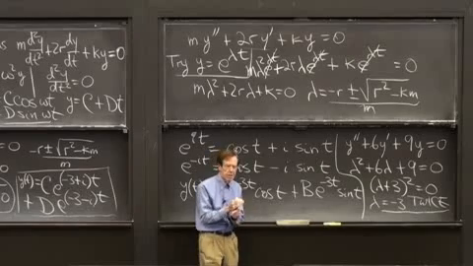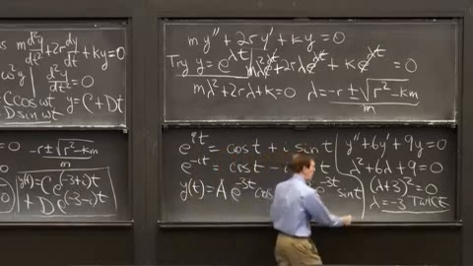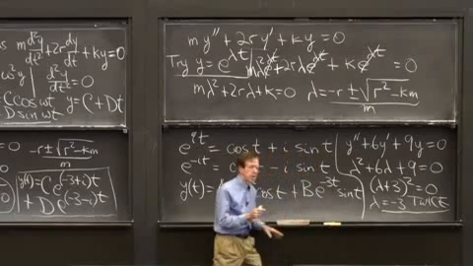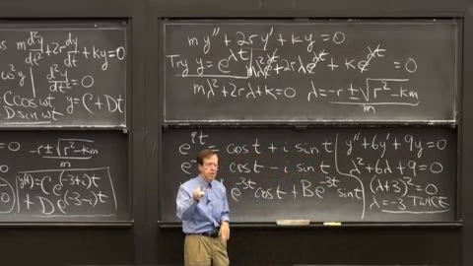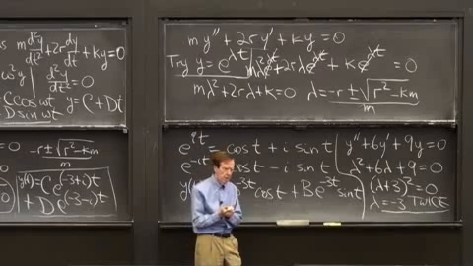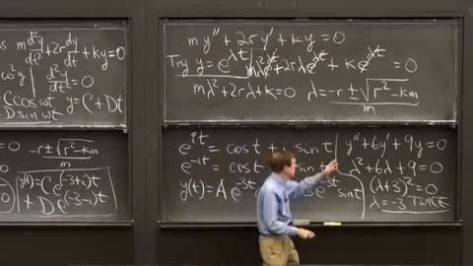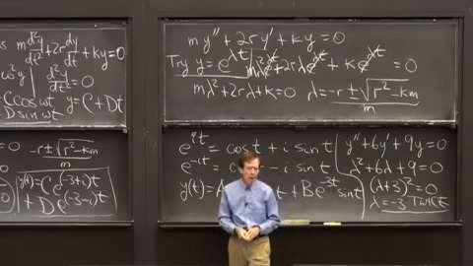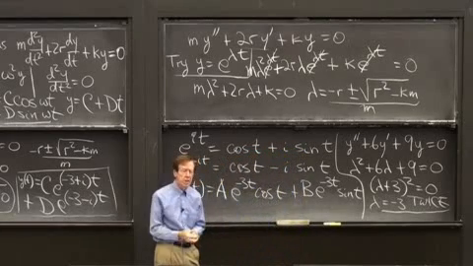And when that happens, well, minus 3 tells us that a solution e to the minus 3t works. Where do we get the other solution? We want 2 solutions to a second order equation. I can't just use e to the minus 3t again.